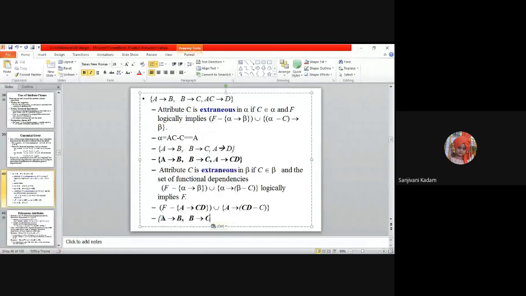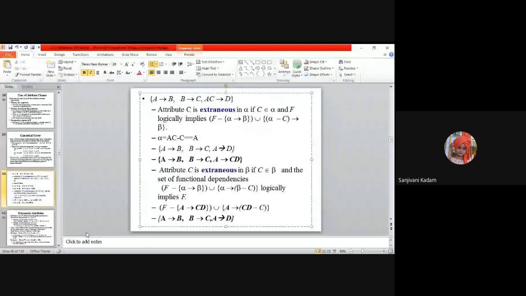Union with A gives CD minus C will give us only D. Yes, this will be again the same: A gives B, B gives C, and A gives D. So we can see that this is logically equivalent to the given F only. Then we can say that we have removed the extraneous attribute from the right hand side.